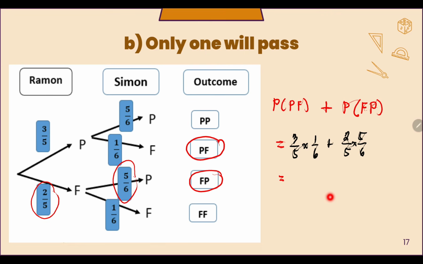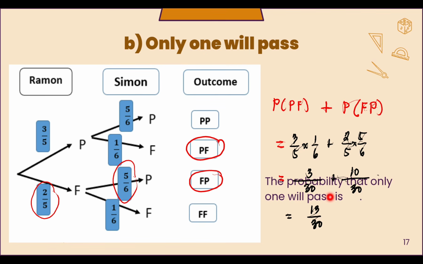So we will simply be having the denominator, which is 30, also here 30. All right, so 3 times 1 is 3, 2 times 5 is 10. Considering this, we now have here the answer, which is 13 out of 30. The probability that one will pass, which could either be Ramon or Simon, is 13 out of 30. That is for the first example on the probability tree diagram.